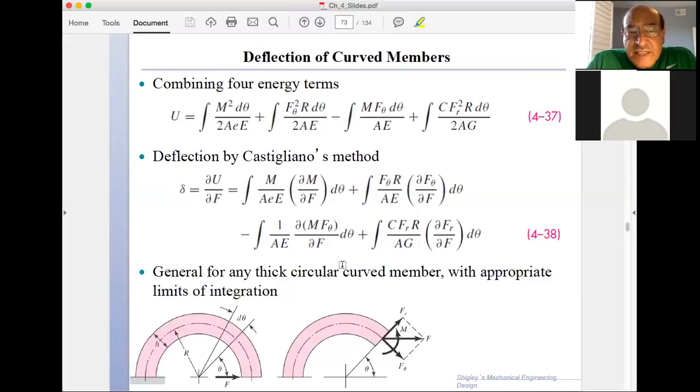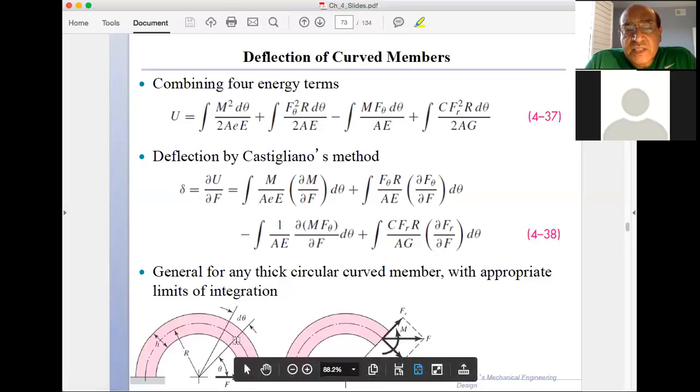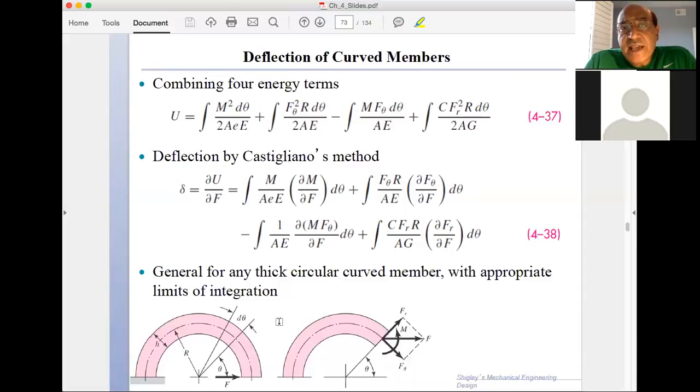Now, in practice, if we have a member that has the radius of curvature much larger than the beam depth, so if R over the thickness is greater than 10, then all of these contributions become insignificant except for the first one.